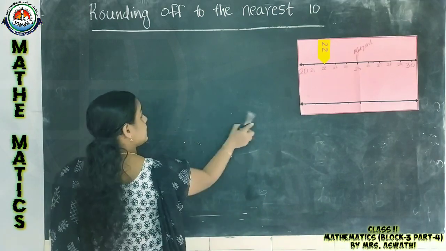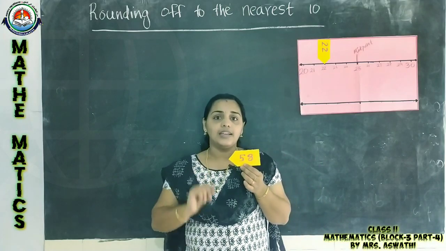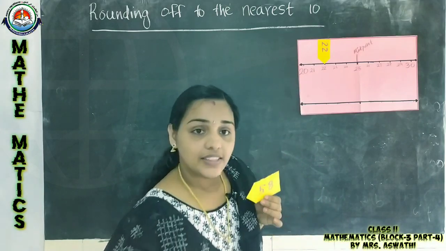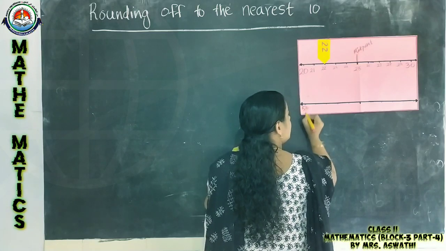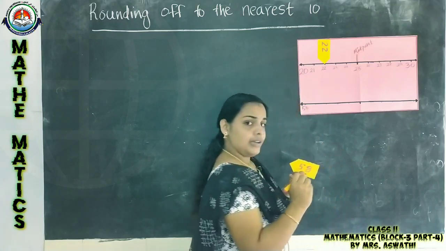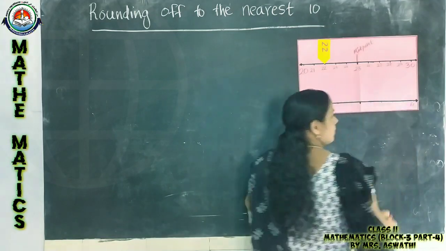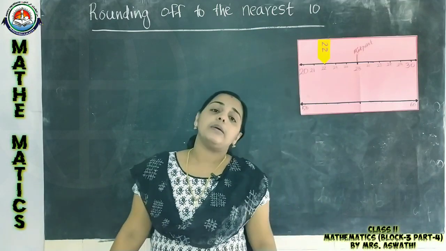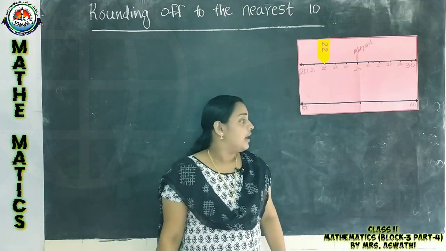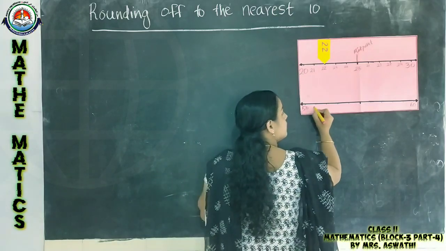Which tens lie between 58? Yes, very good: 50 and 60. Which is the midpoint of this number line?